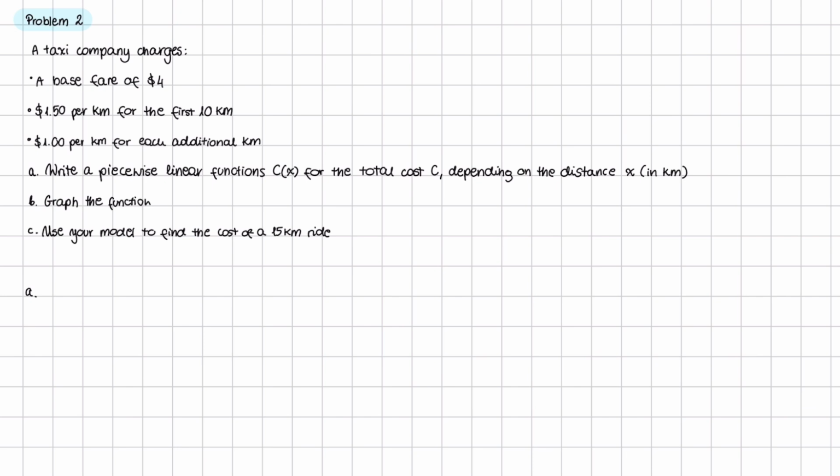So firstly, we will write two functions for the total cost. The first will be 4, because it's a fixed cost, so we have to pay it anyway, plus 1.5x, because x is our distance and we pay 1.5 per kilometer for the first kilometers.